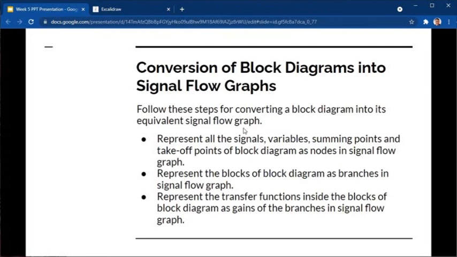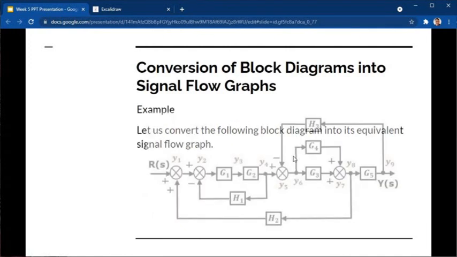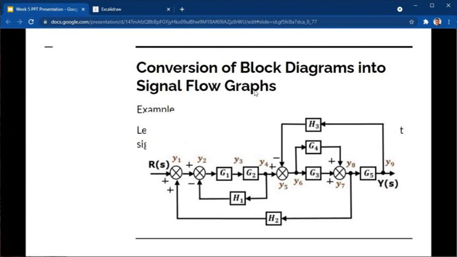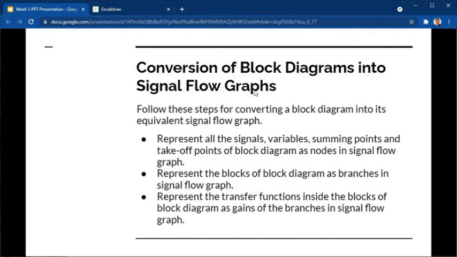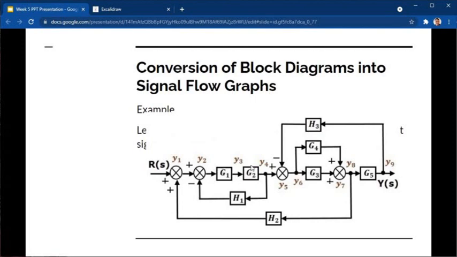So I hope you still recall how our block diagrams look like. This is an example of our block diagram. So again, these are some of the steps. Let's identify first again. These are the gains.